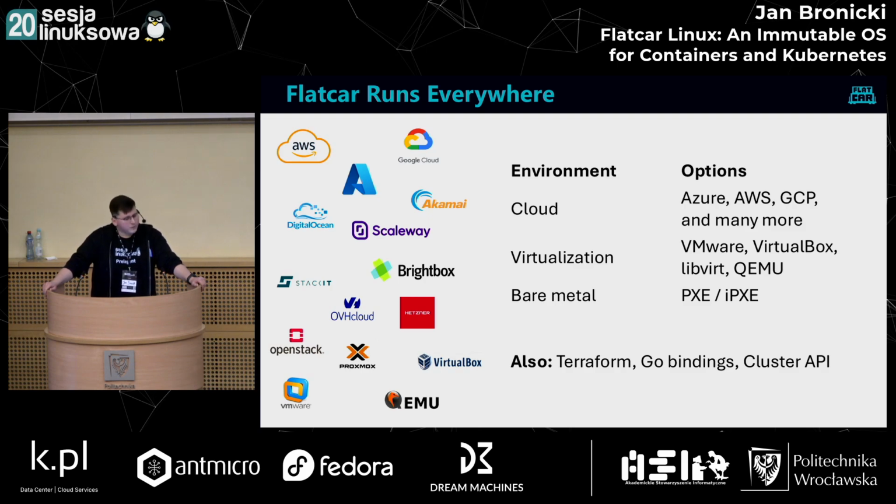We do sometimes have problems; it's not easy to do with a distro that you want to keep minimal. However, even big companies run Flatcar on bare metal and serve that as their Kubernetes offering, so it does work in production. You can very easily interact with us using Terraform, Go bindings, and APIs of various kinds. We try to make ourselves very generic and definitely not vendor locked in.